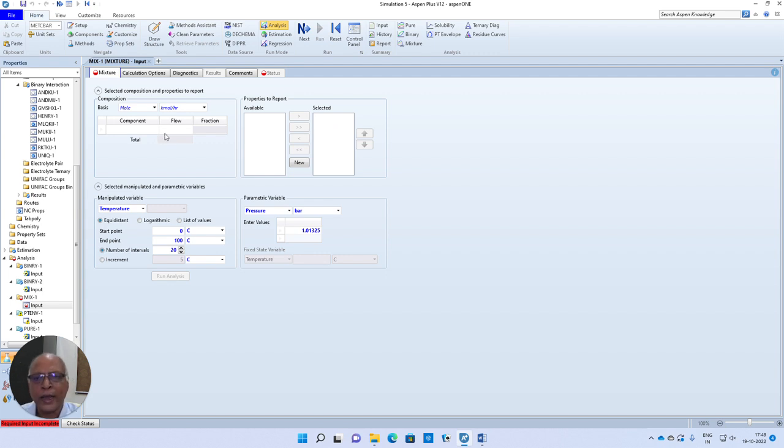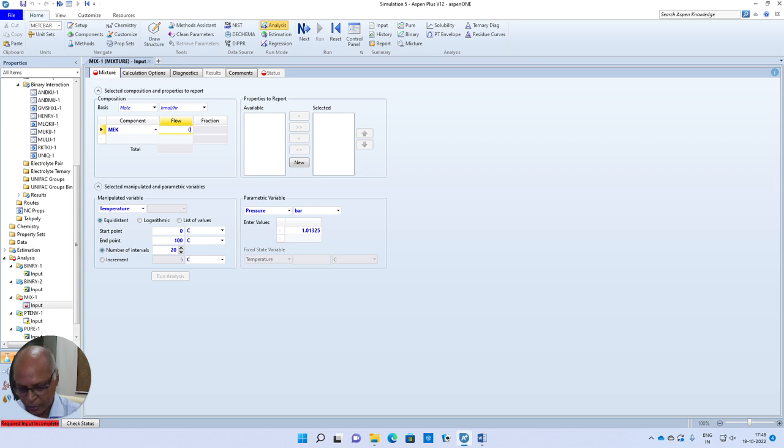Again, remember when you want to calculate the property of any mixture, the property of a mixture is not only a function of temperature and pressure, but also its composition. Let me take any system. It need not be even a binary mixture.